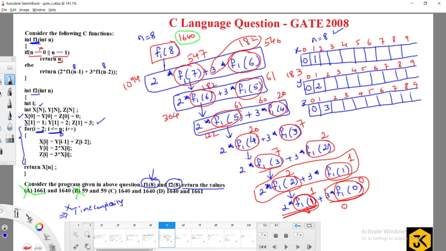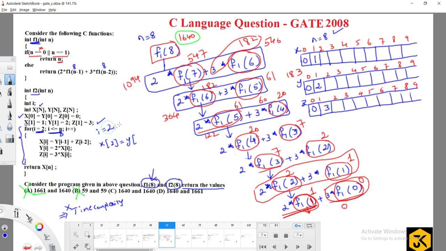If you observe here, x of I value is what? Let me simply take one step, x of 2. I will write here x of 2 equal to y of 2 minus 1 plus z of 2 minus 2.